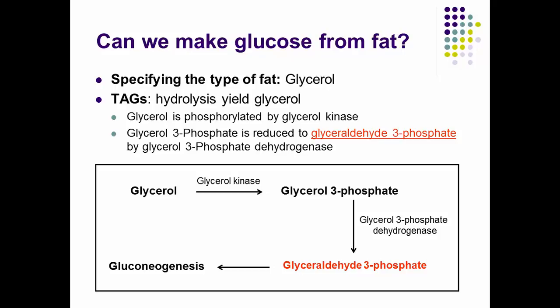And this is the pathway of how glycerol is utilized for making glucose. Remember, there are just two steps, two reactions, if we use glycerol as a precursor for gluconeogenesis. First of all, glycerol kinase, which is present in the liver, phosphorylates glycerol to glycerol 3-phosphate. This is the first reaction.